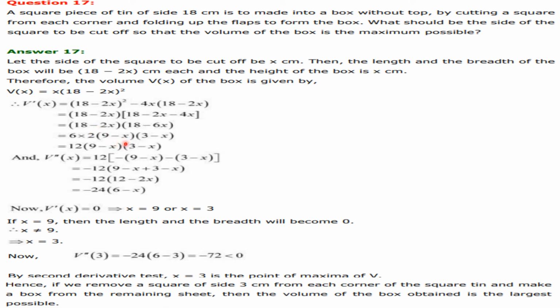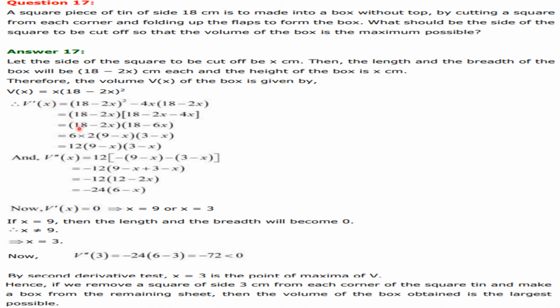Understood this part, my children? By taking out the 6 common factor, what will you get here? 3 minus x. Understood this step, my children? 6 into 2, what will you get here? 12. So 12 into, we write these two factors as it is: 9 minus x into 3 minus x. Understood this step, my children?